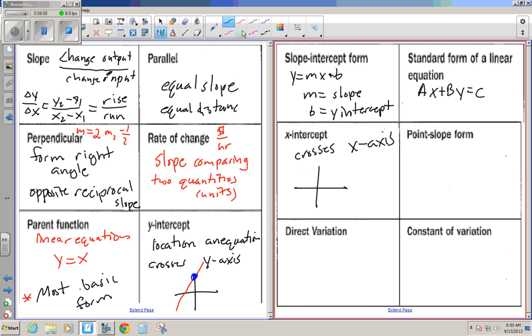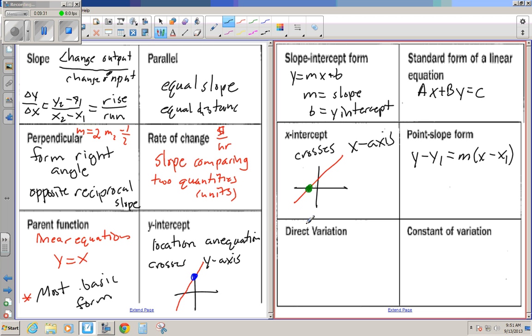So now there you go. And for this one, the x-intercept is right there, where it crosses the x-axis. Point-slope form is a very important form. It is y minus y1 equals m times x minus x1. It's a way to come up with an equation for a line.